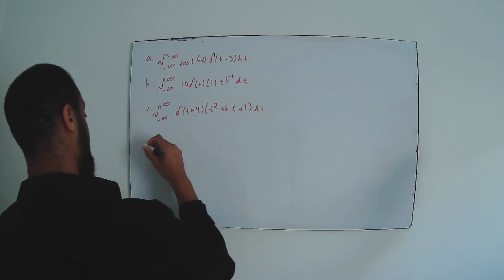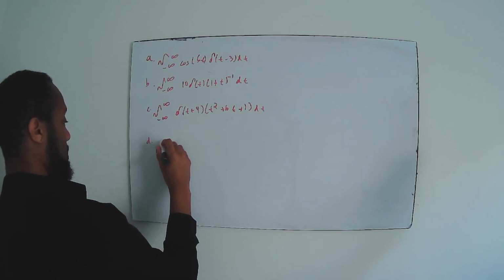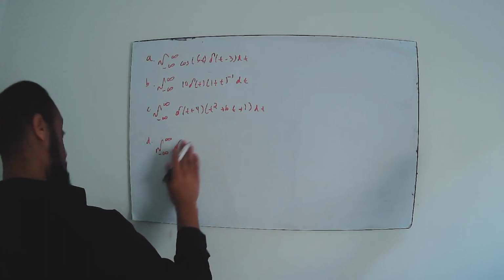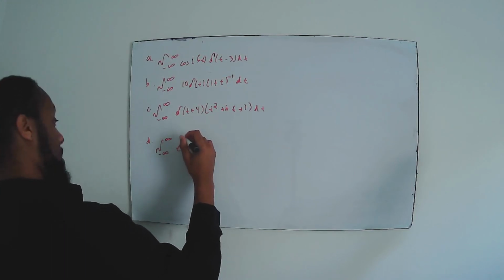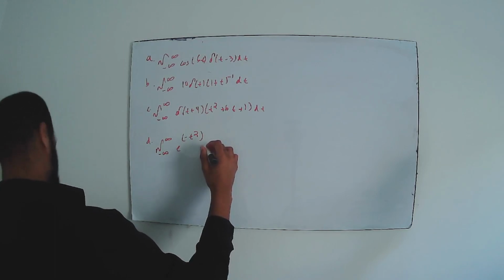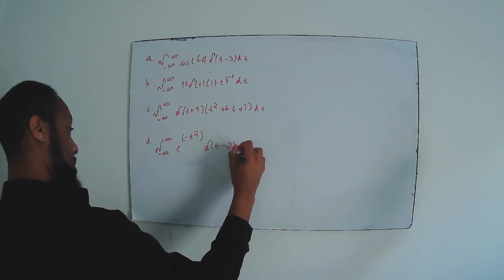And then finally D is the integral from minus infinity to infinity of e to the minus t squared times delta of t minus 2 dt.